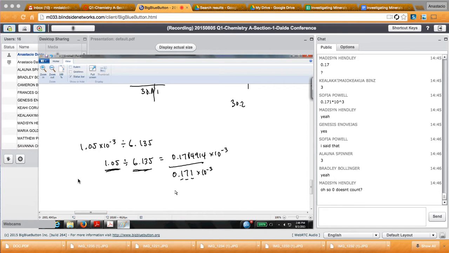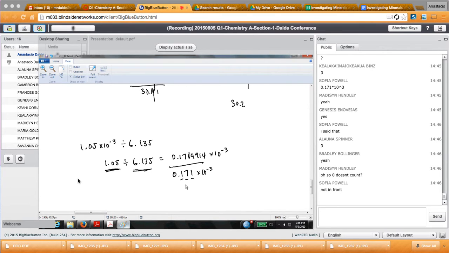Wait, what? I thought if there's a decimal, then 0 counts. If there is a decimal, the 0 counts if it's a trailing 0. Leading zeros never count, whether it's in front of or behind the decimal. If it's after numbers, then it counts, if there's a decimal.